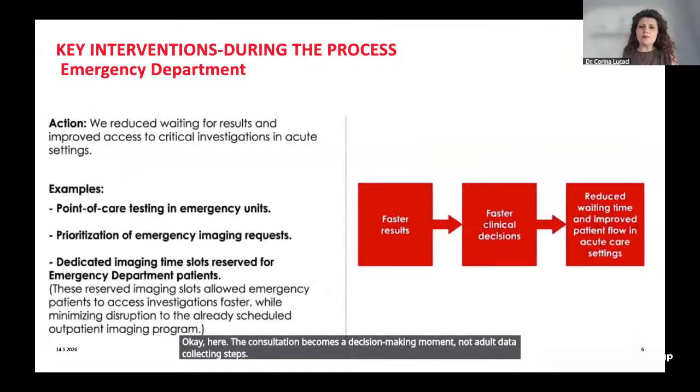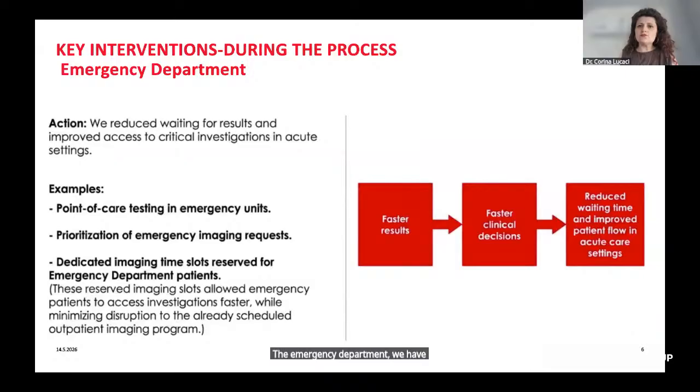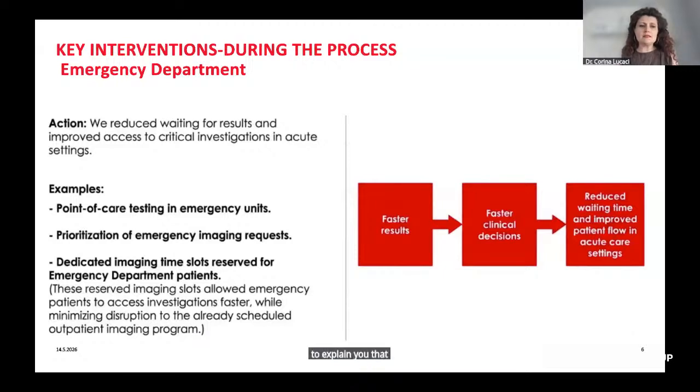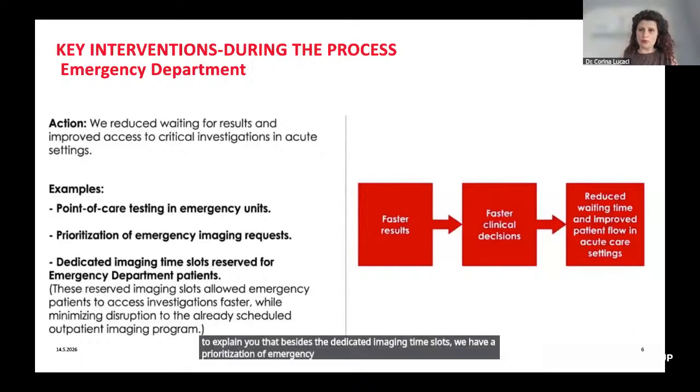In the emergency department, we have faster results, faster clinical decisions, and so a faster solution and a faster treatment for the patient. Regarding the imaging, I forgot to explain that besides the dedicated imaging time slots, we have a prioritization of emergency imaging requests.